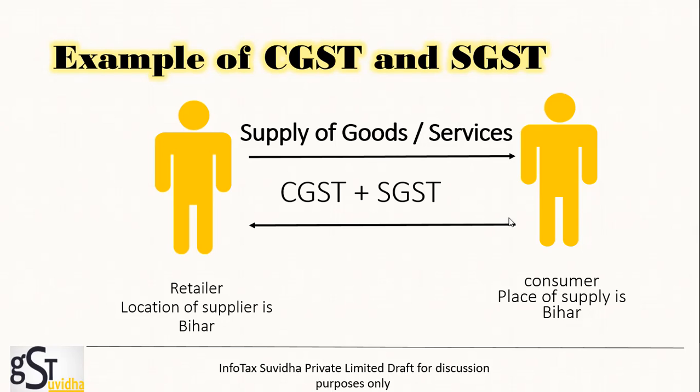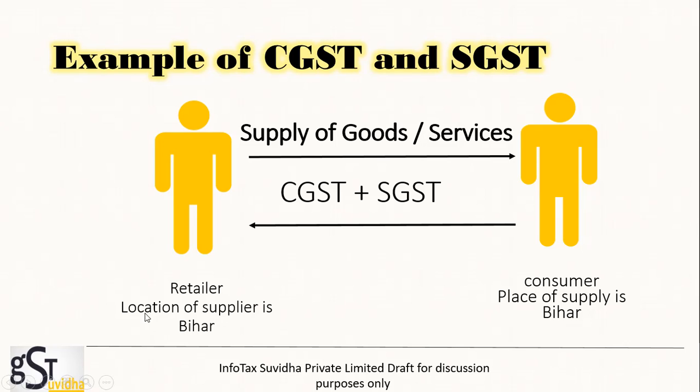Now let's see the example of CGST and SGST. Suppose there is a retailer and the location of supplier, that is location of retailer, is Bihar. It supplies goods or services to the consumer. So the place of supply of the consumer is Bihar.